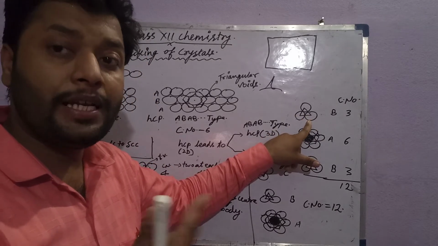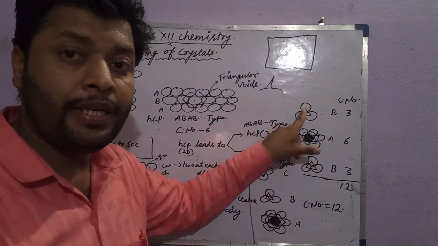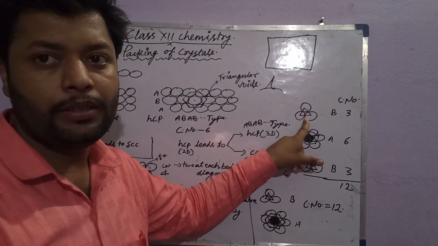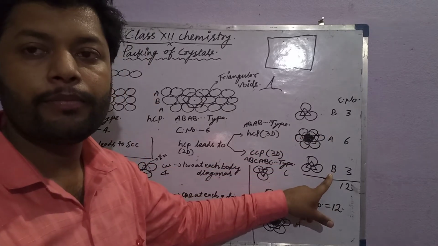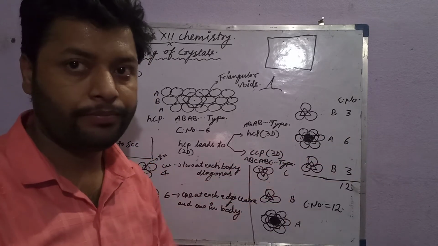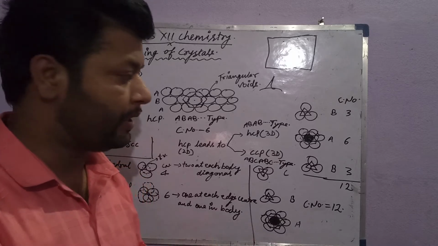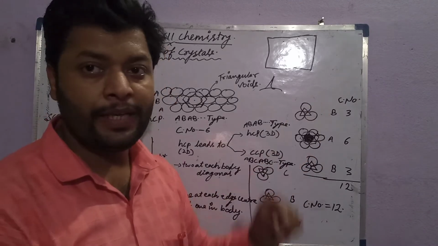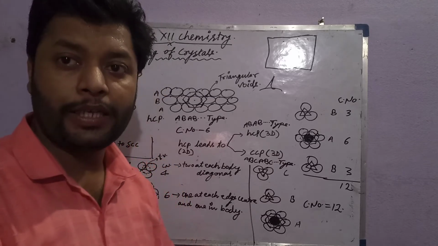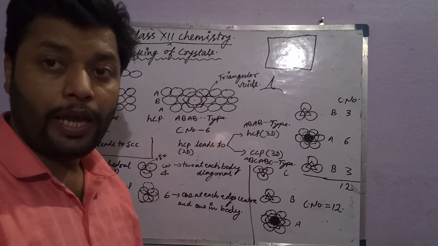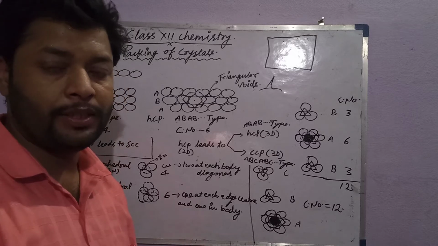But the upper next and lower next have the same arrangement, and that's why B and B are written here, with the same coordination number. This is called ABAB type in 3D and is known as hexagonal close packing in 3-dimensional.